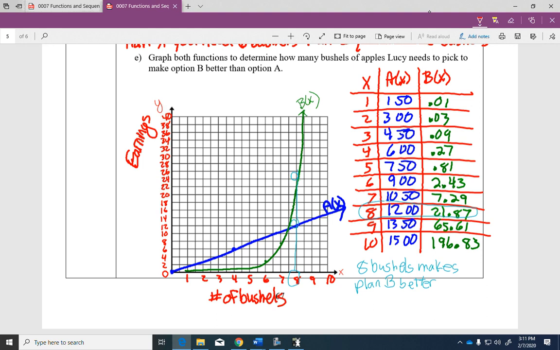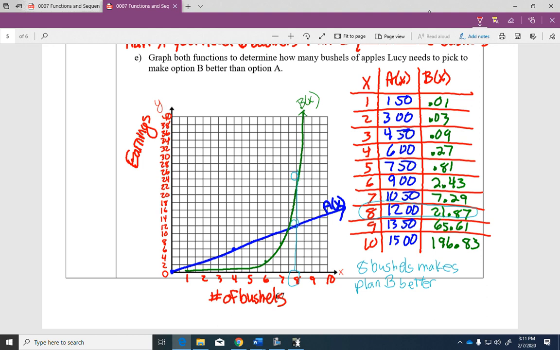So you can just use the points from your table to plot them so that maybe it's easier to draw your line. Because remember, counting slope, if it's a rise of 1.5 over 1, that might be tricky to do on this graph with how the scale is. So why don't you just plot some of the points?